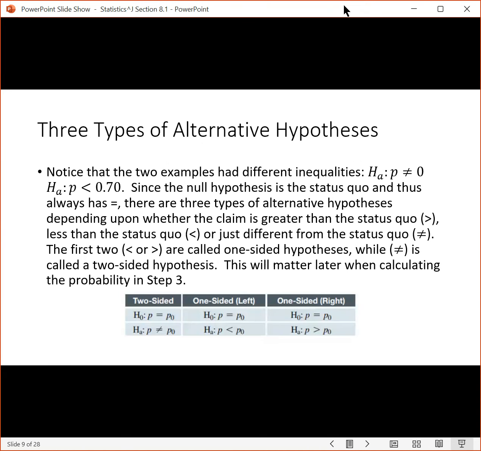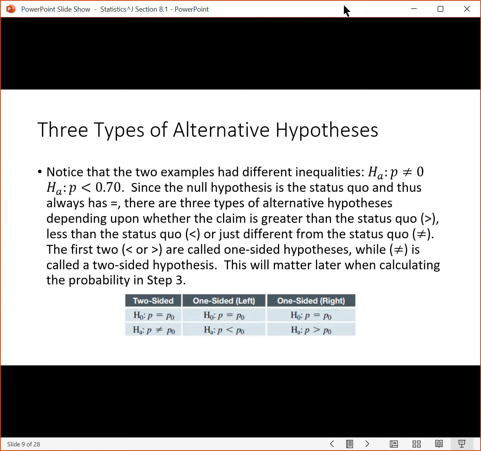I made this slide before I added the homework examples, so the first sentence is a little wonky. But notice in the previous examples, we had different types of inequalities for the alternative hypothesis. It turns out there are three possibilities. The claim is either greater than the status quo, and you use a greater than symbol; less than the status quo, and you use a less than symbol; or different from the status quo, and you use not equal to.